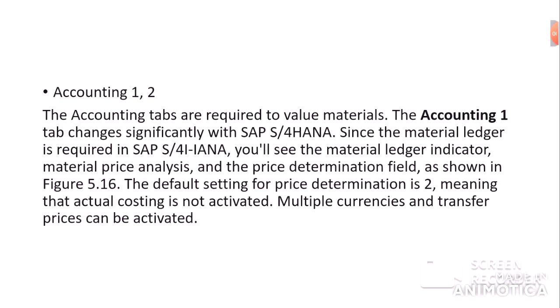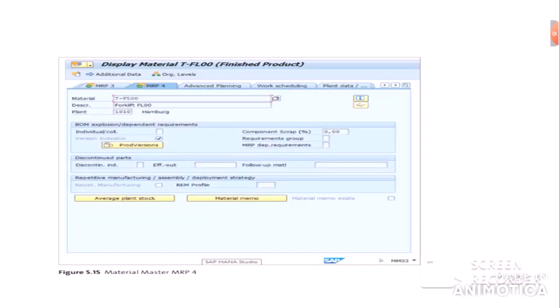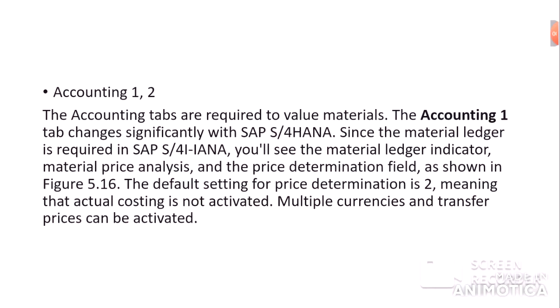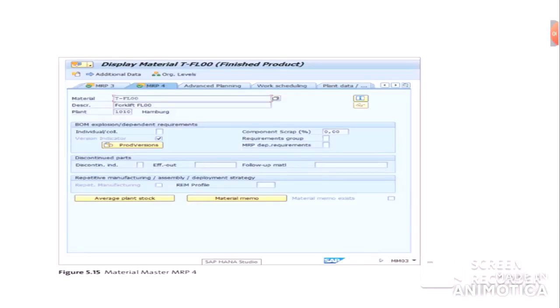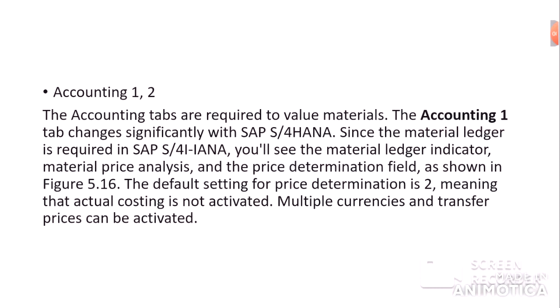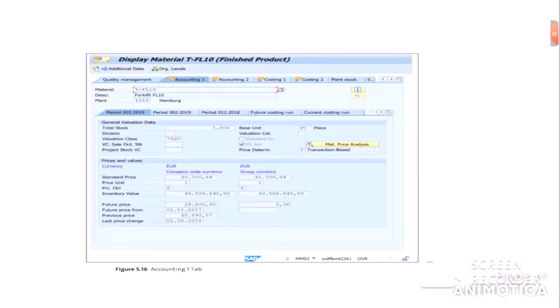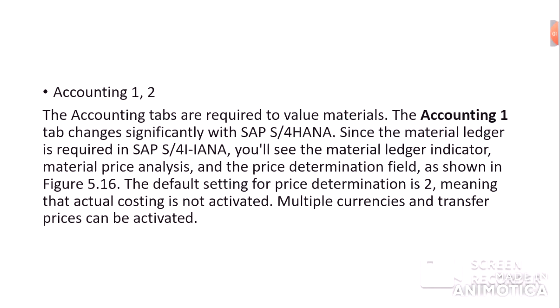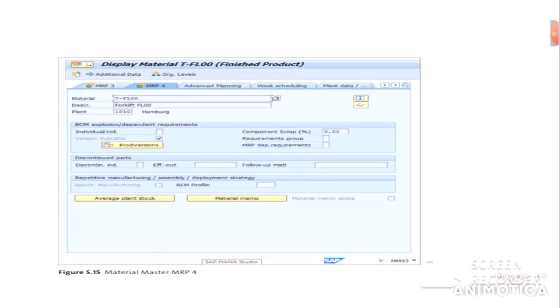The default setting for price determination is 2, meaning that actual costing is not activated. Multiple currencies and transfer prices can be activated.